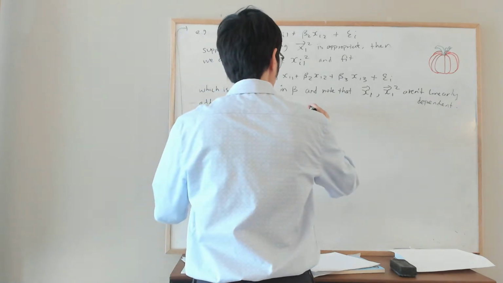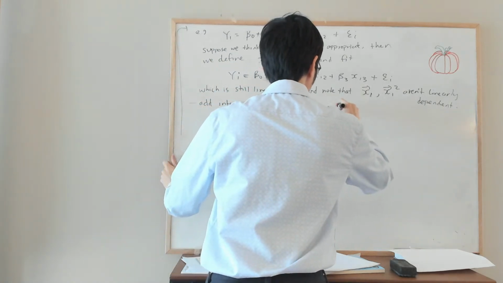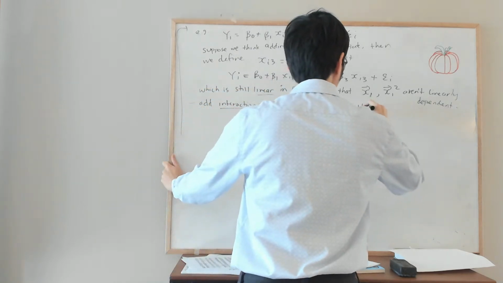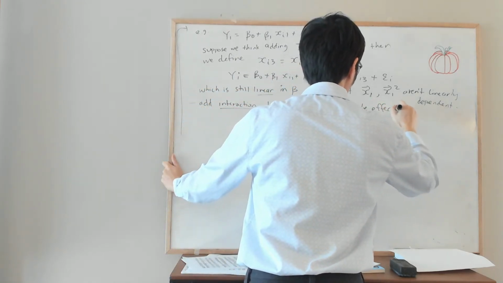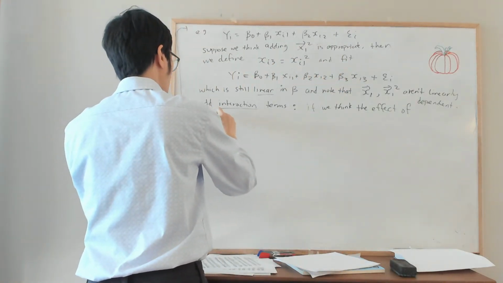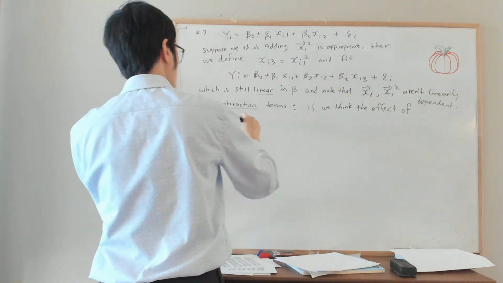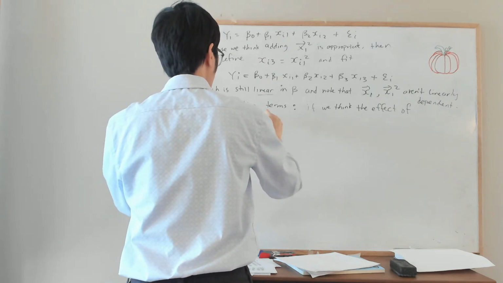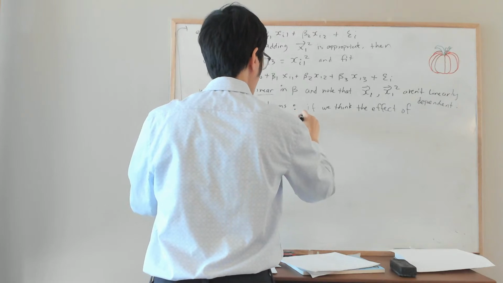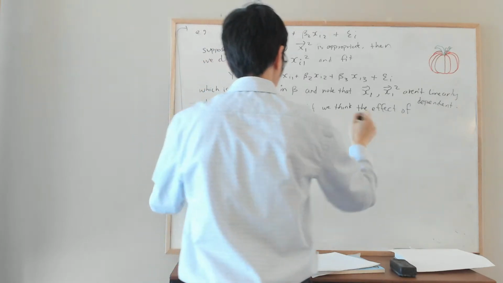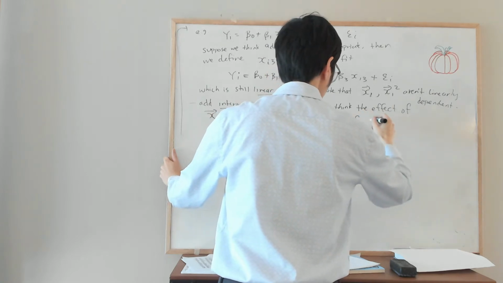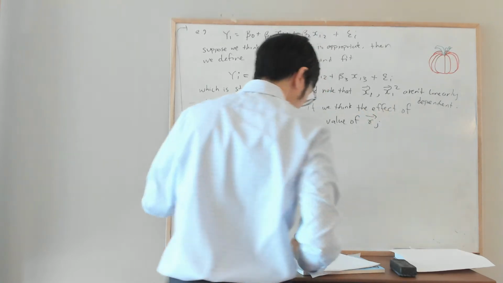If we think the effect of xi on the response depends on the value of a different predictor, xj.